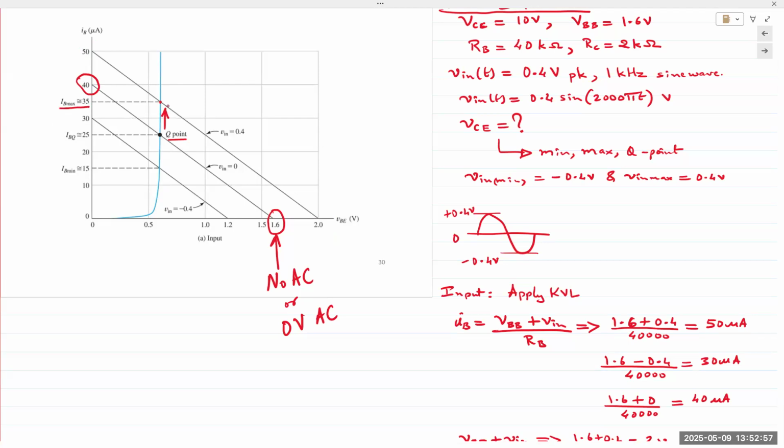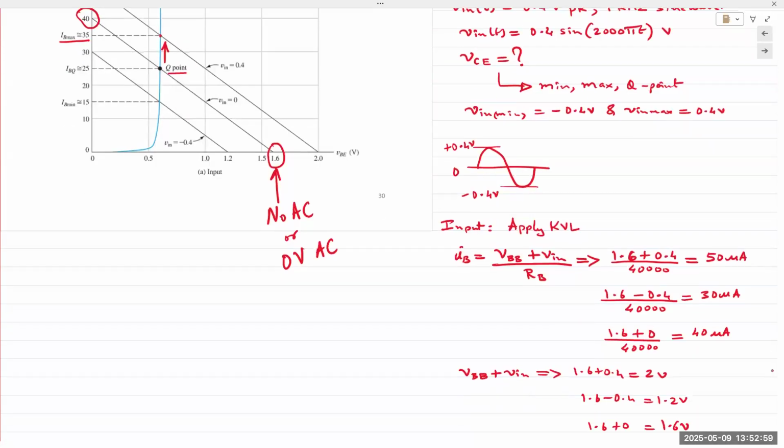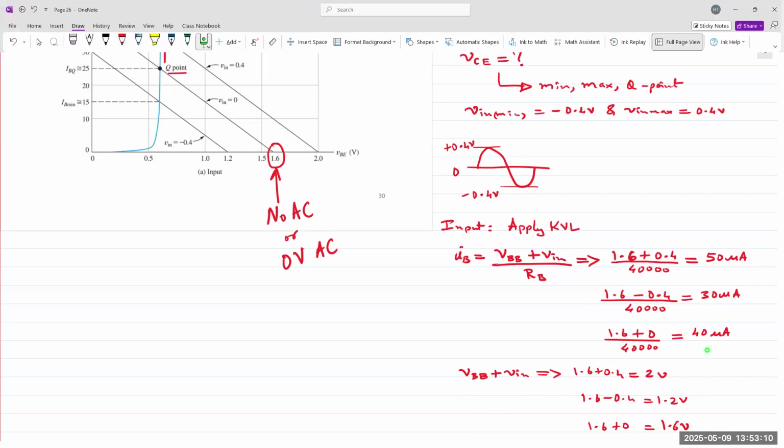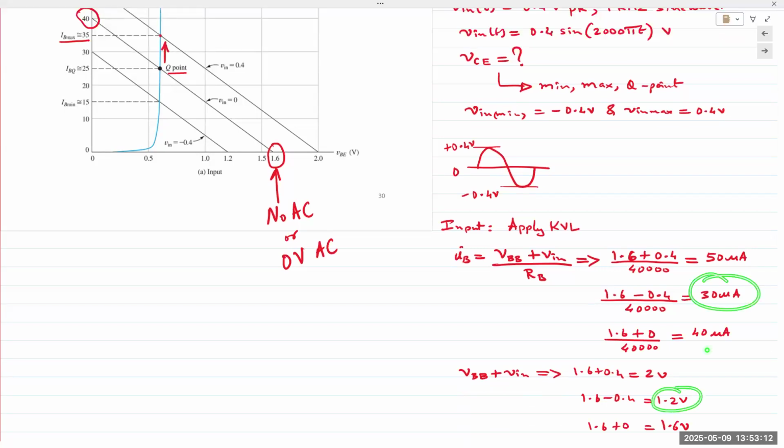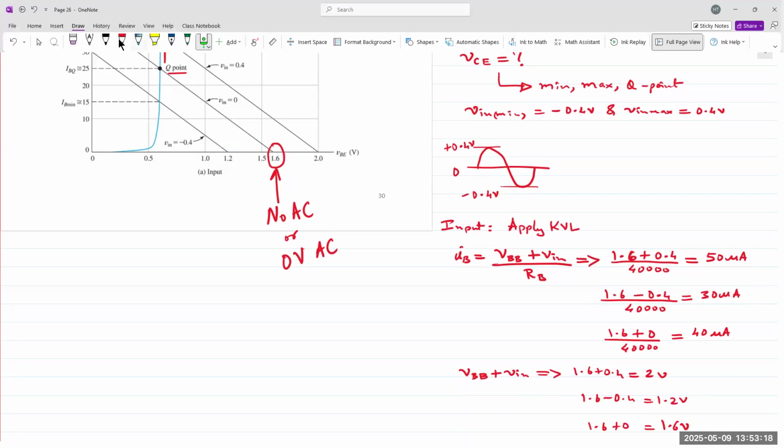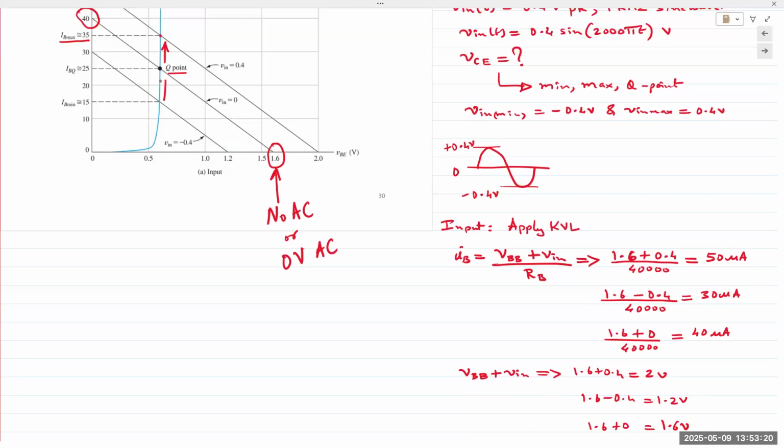In the negative half cycle, it becomes 1.6 minus 0.4. And so we obtain 30 microamps and 1.2 volts, which is right here and right here. We join those two lines and we see that our Q point has now shifted down.